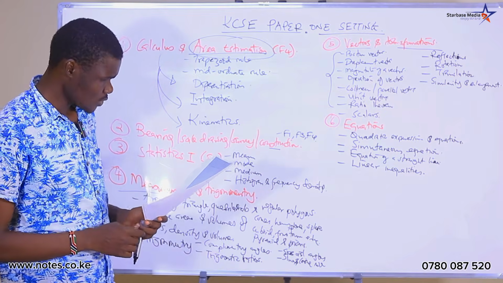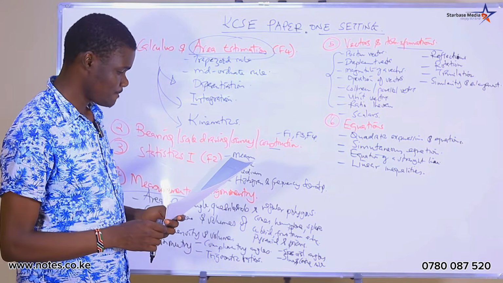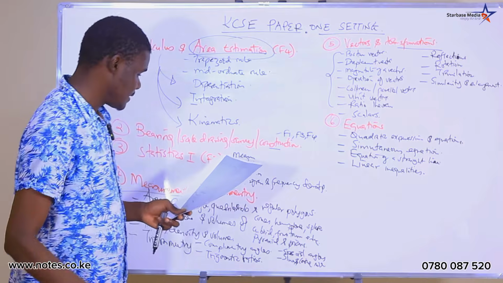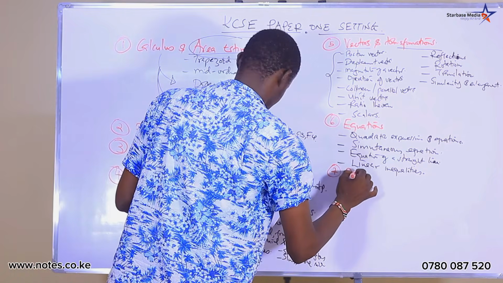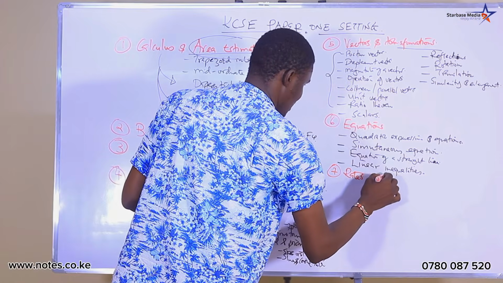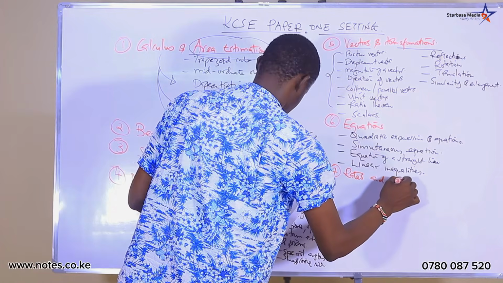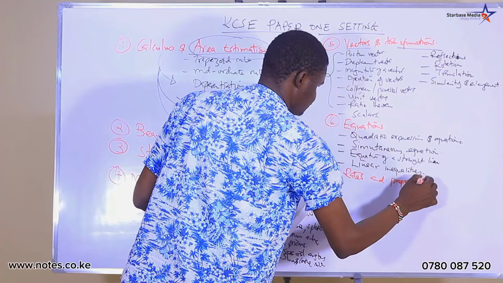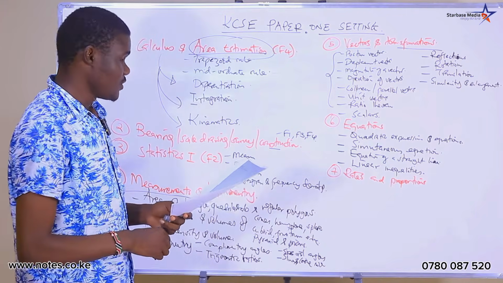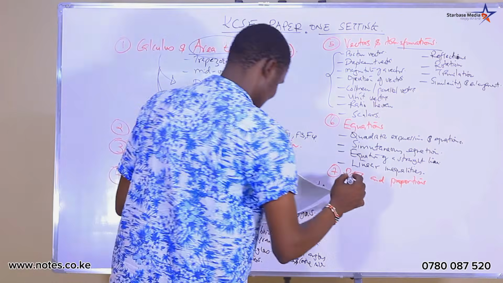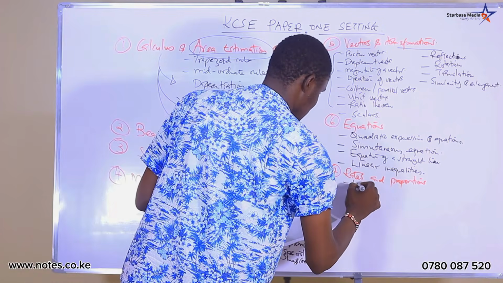Now, we move to another area, that is ratios and proportions. Rates and proportions. So here, you look at things like linear motion.